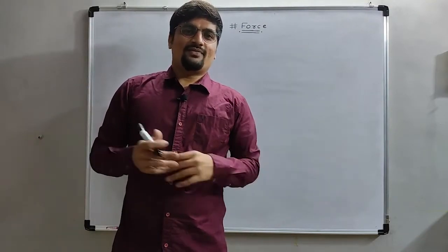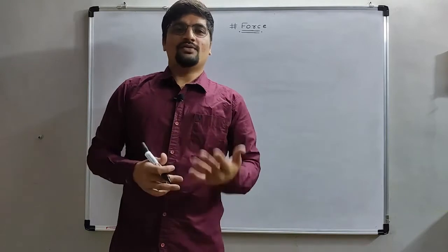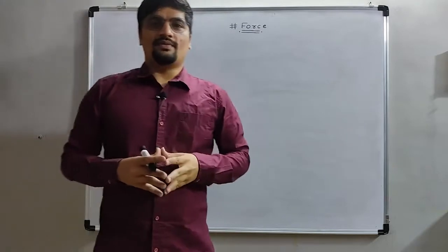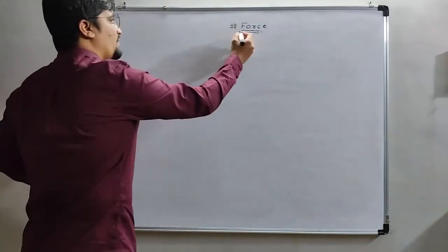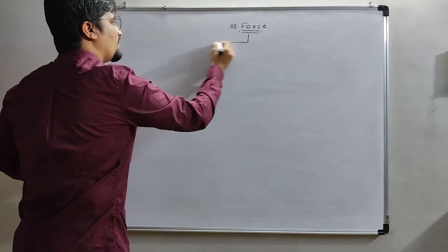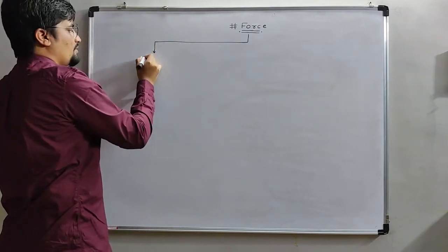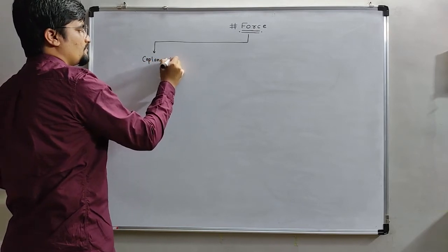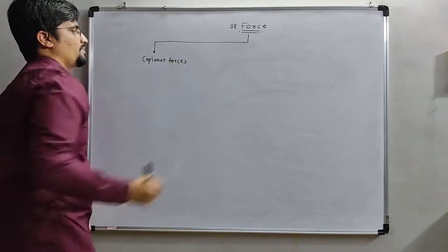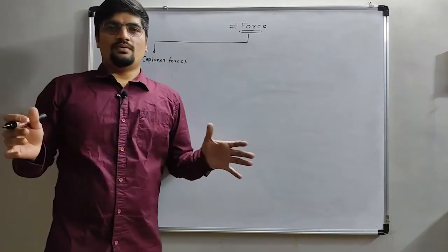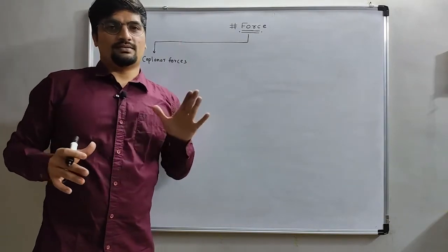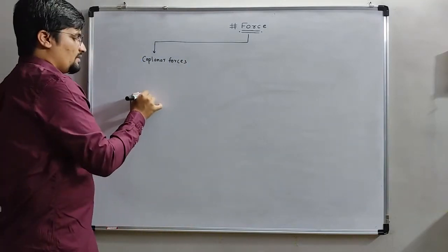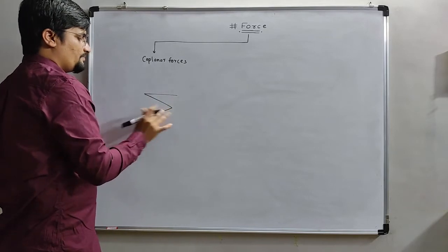As we discussed before about force, now we move towards the types of force. There are various types of forces, and I will make a chart. First, coplanar forces: the forces which occur in the same plane are known as coplanar forces. In the same plane means, suppose here is a body.